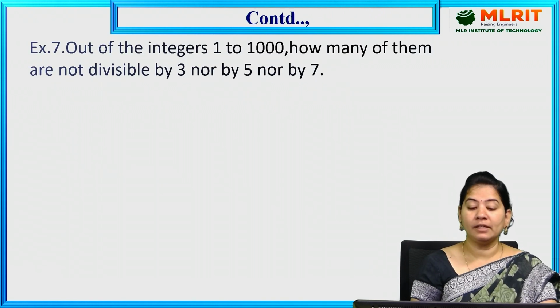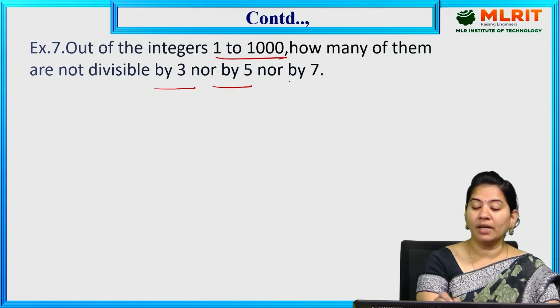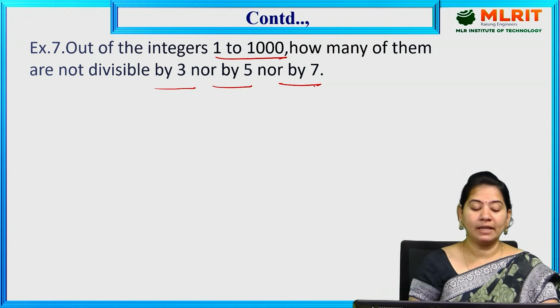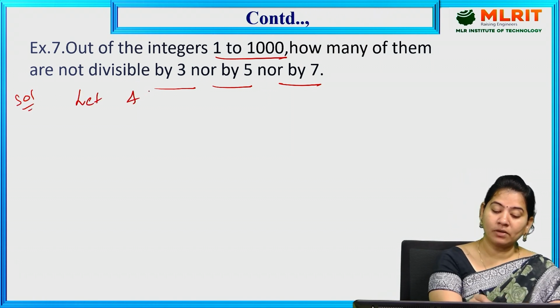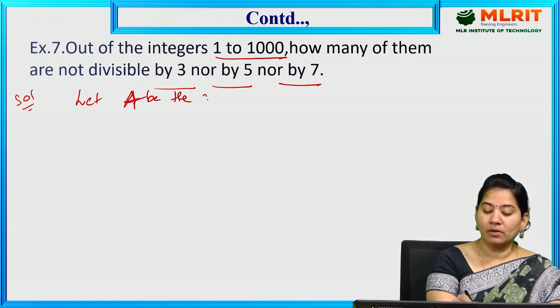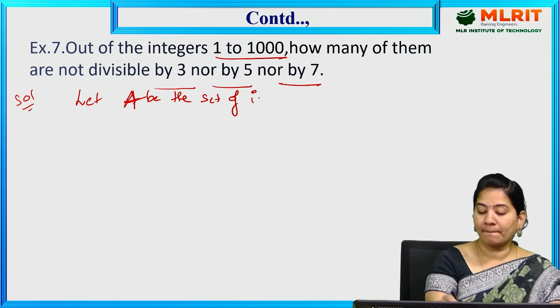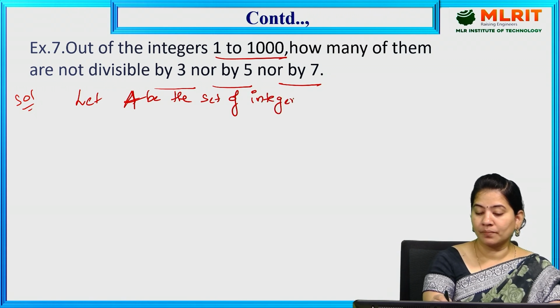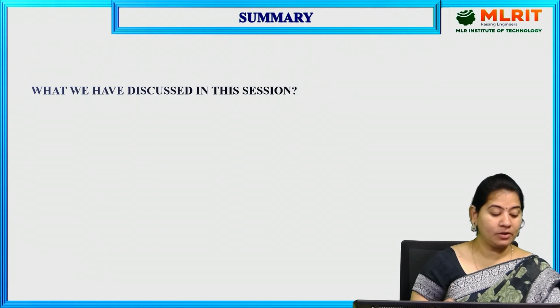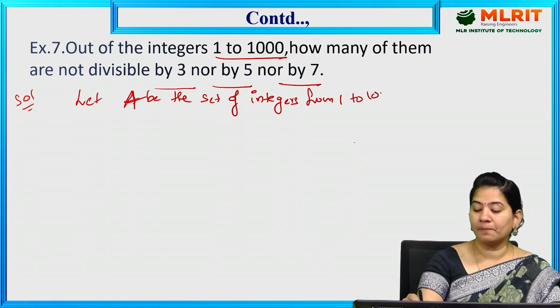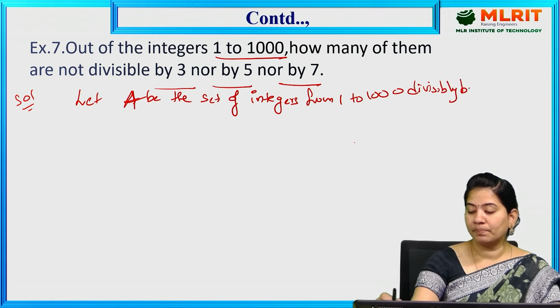Out of the integers 1 to 1000, how many of them are not divisible by 3, nor by 5, nor by 7? Here let us suppose, let A be the set of integers from 1 to 1000 divisible by 3.